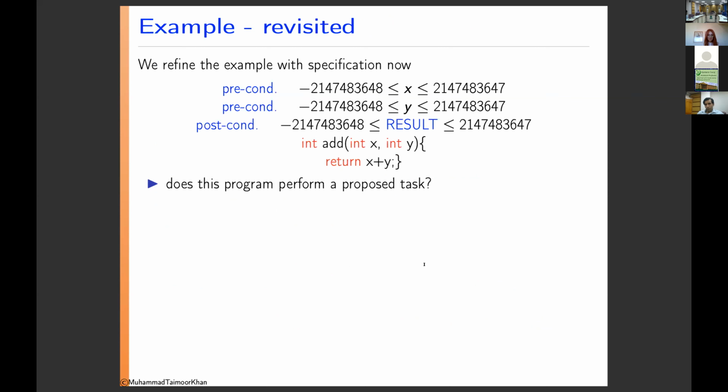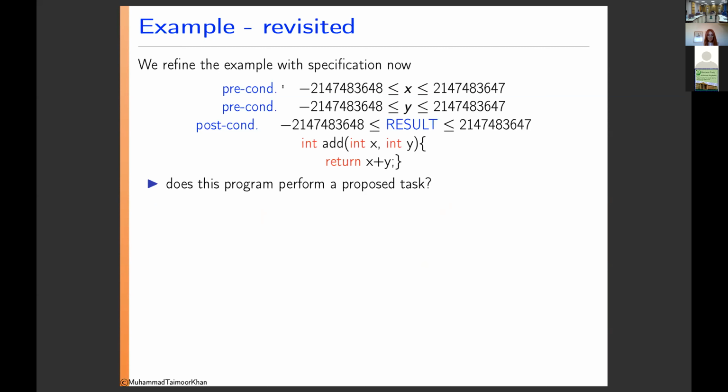Let's refine this example with some additional knowledge, a specification, for example. What we understand from the knowledge of the computer is that X should be in a certain range and Y should be in a certain range. Then this function produces a result which is also in a given range.